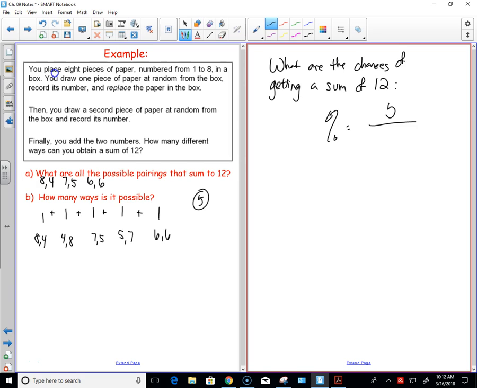5 is how many ways you can get it right, but I need how many total ways that this can happen. 2 exponent 8? No. That is a way for something, but not for this scenario. Does anybody have any other ideas? You guys have taken SAT math, some of you.